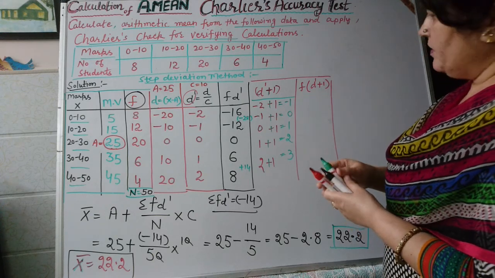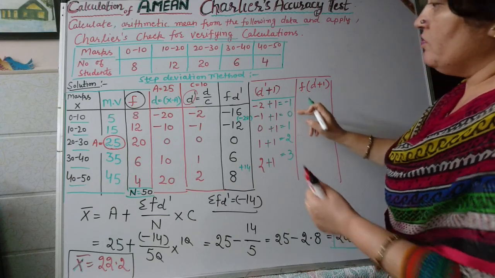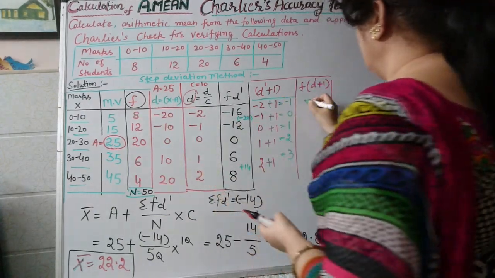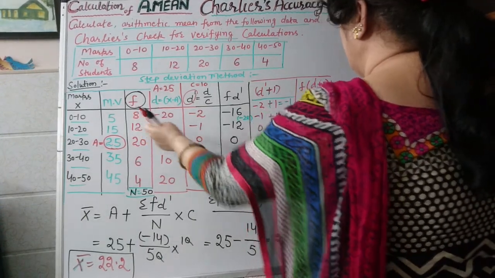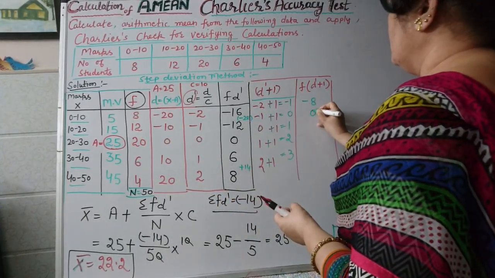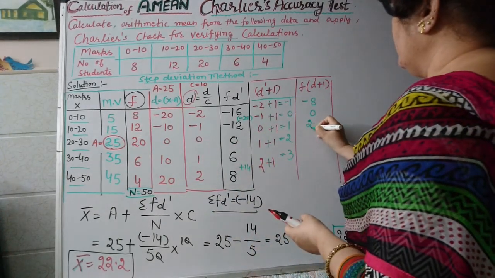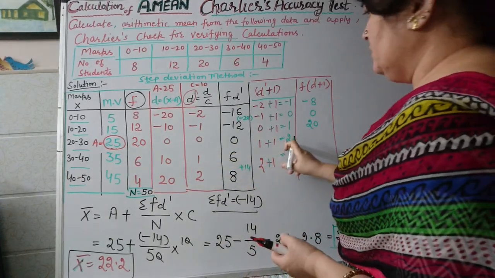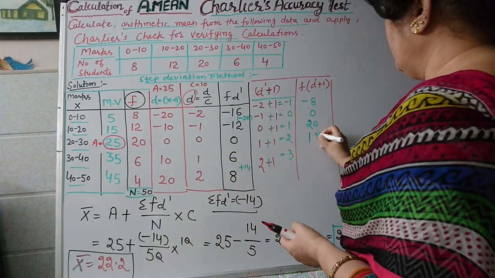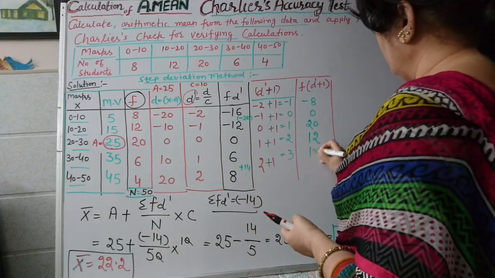So we will multiply the values of d dash plus 1, which is minus 1, with the values of f. It will be minus 8, 12 multiplied by 0, 0, then 20 multiplied by 1, it will be 20, then 6 multiplied by 2, it will be 12, and then 4 will be multiplied by 3, it will be 12.